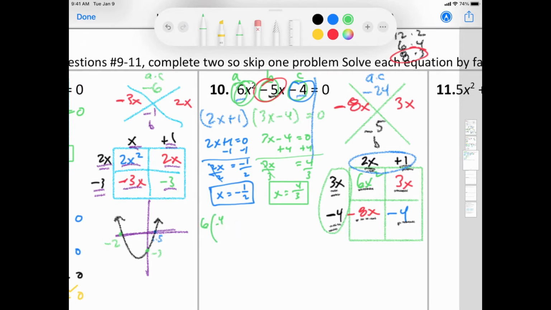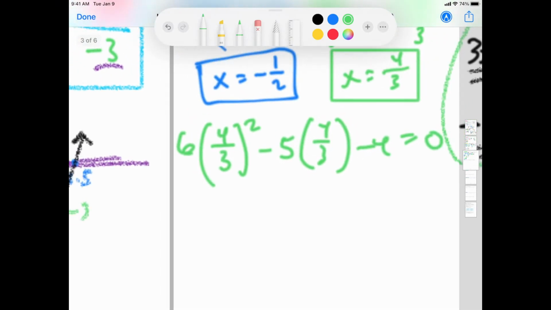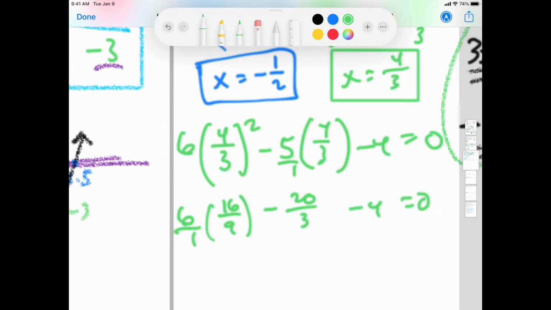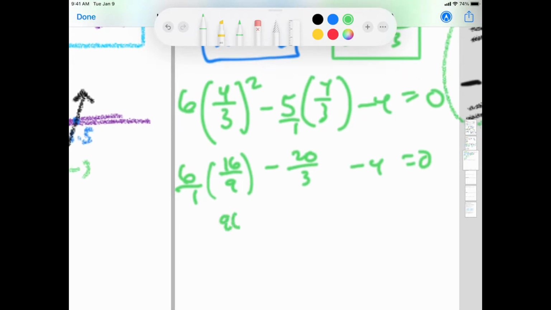6 times 4/3 squared minus 20 over 3 minus 4. Ooh, it's not going to be easy. Square that. So 4 squared is 16. 3 squared is 9. So I got 96 over 9 minus, I'm going to make an equivalent fraction to be 60 over 9.